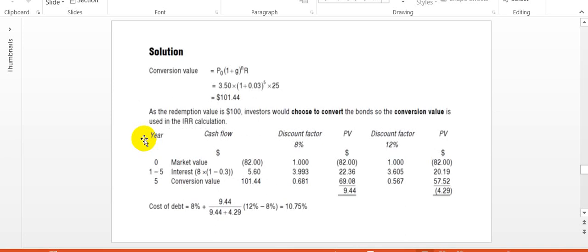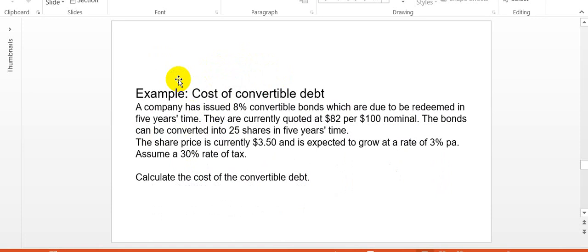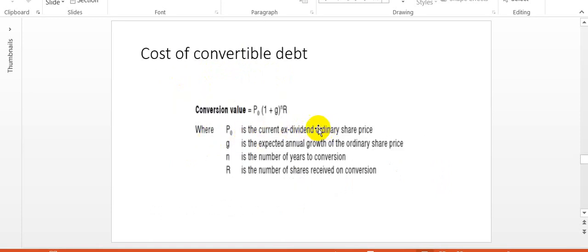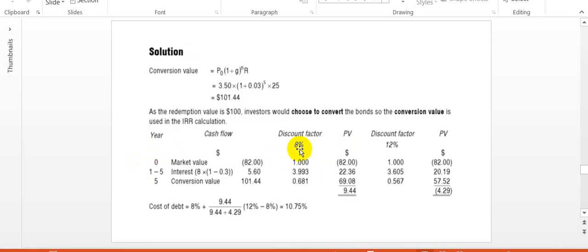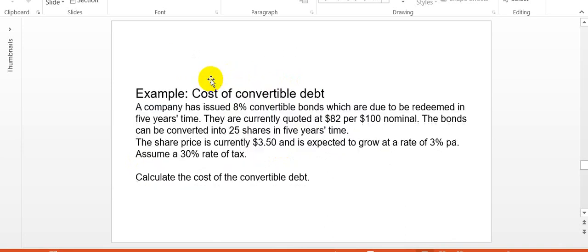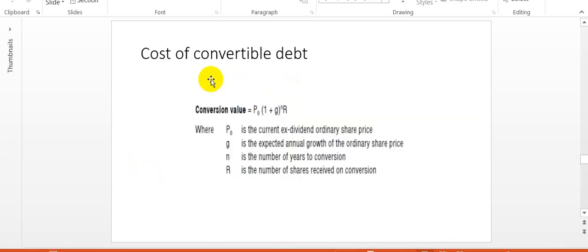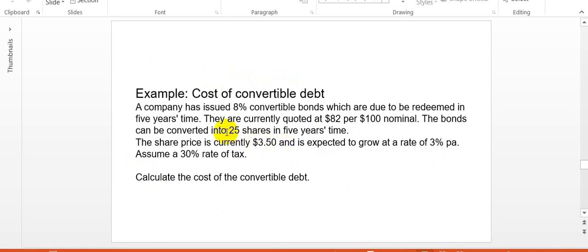Using the conversion formula, we compute the conversion value. So you simply replace in the conversion value your P0, which is your current ex-dividend ordinary share price, your G, which is your growth, which is giving us 3%, your N is your number of years, which is giving us 5, and R is the number of shares received on conversion, which is giving us 25.